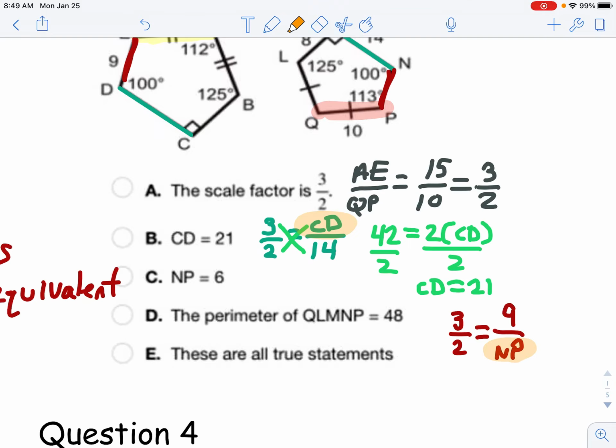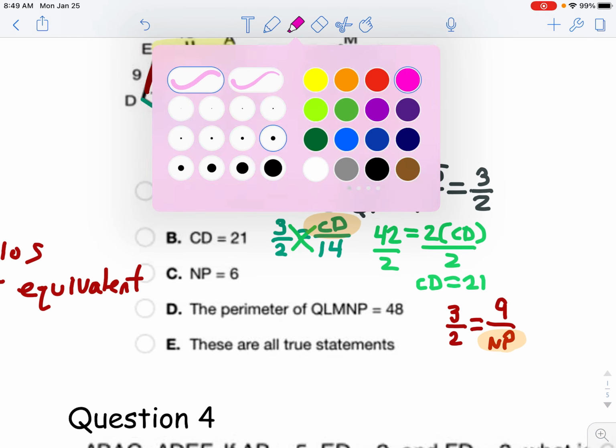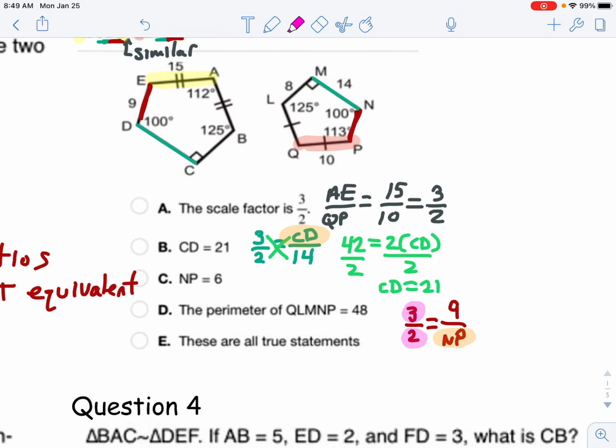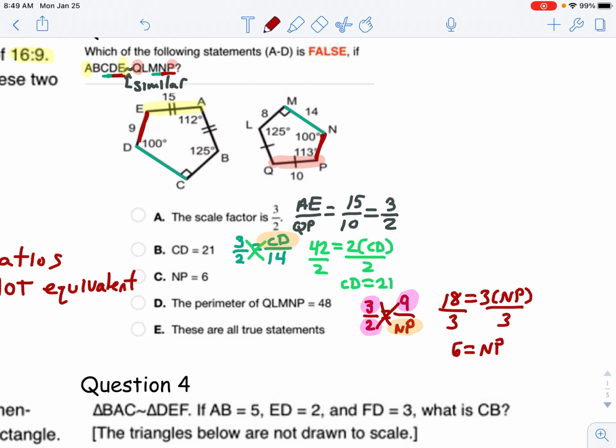Whatever we're solving for, the variable can be anywhere. What matters is my corresponding parts match up. Now remember, I had 3/2, so big over small. That's why 9 is on top, because it's part of the big shape, and NP is the smaller one, so it's on the bottom. But nonetheless, cross multiply, we're going to get 18 equals 3 times NP. Divide both sides by 3, and 6 equals NP. So that one's also true.